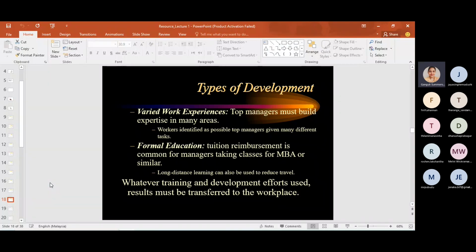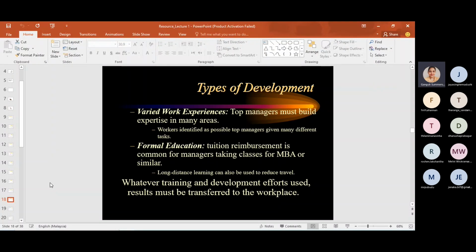And formal education. Okay, so a formal education is another method through which you can provide development to people. For example, there are some organizations who provide classes or tuition for managers taking their MBAs.